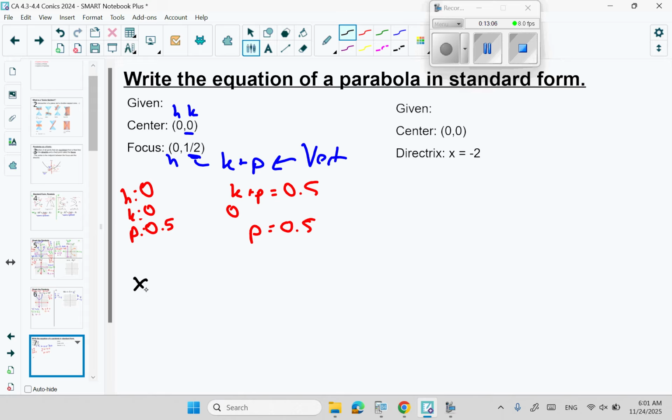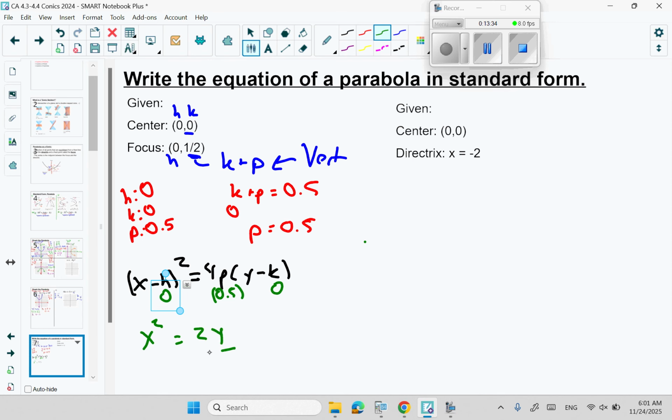So that would be x minus h squared equals 4p times y minus k, and just plug in the values. Sorry, this has to be 0, and this has to be 0.5. So x minus 0 is just x, so I get x squared on the left-hand side. 4 times a half, well, half of 4 is 2, and y minus 0 is just y, so I get x squared equals 2y.